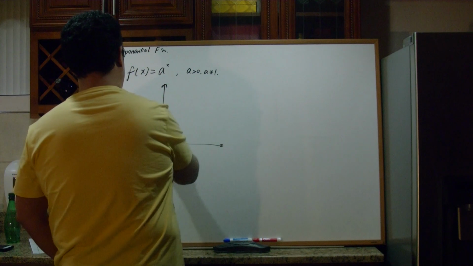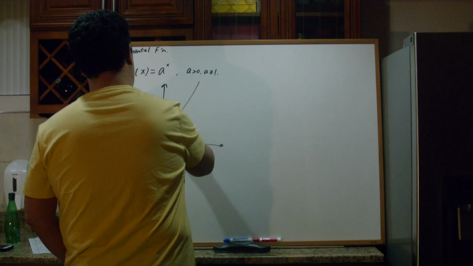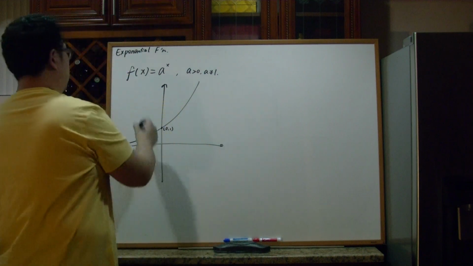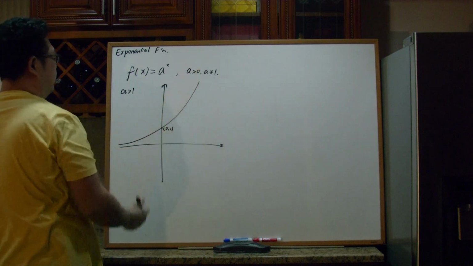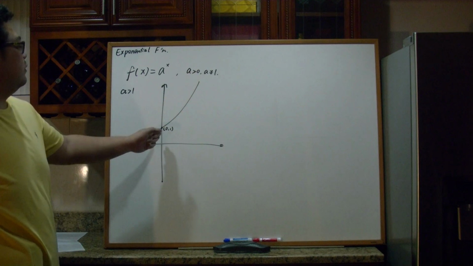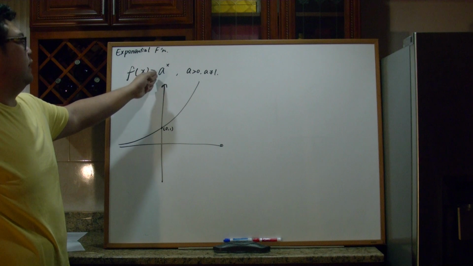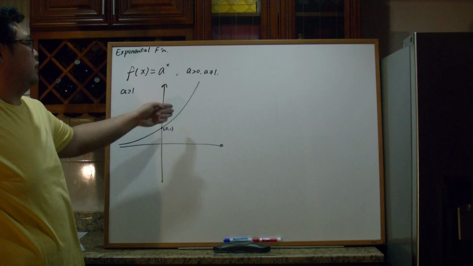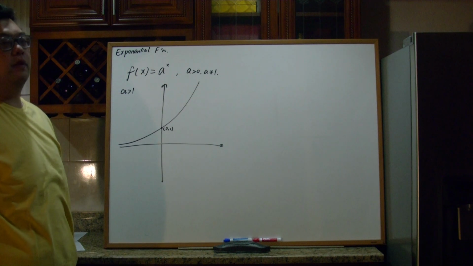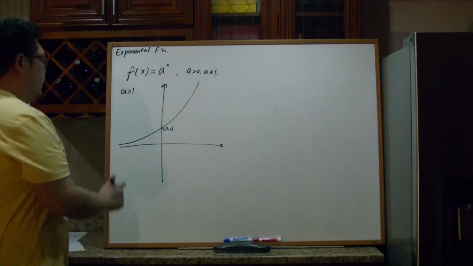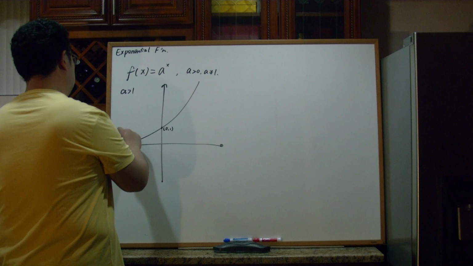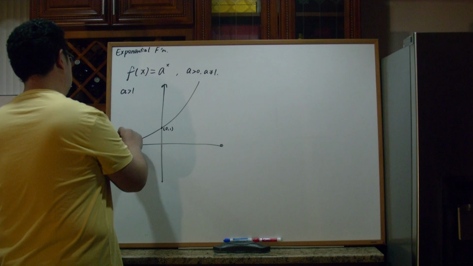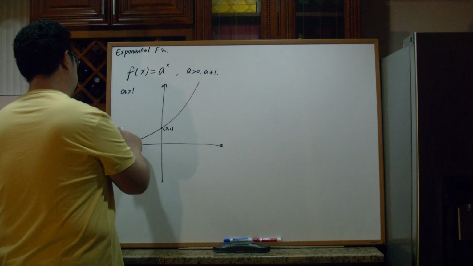Right, to sketch the graph, when a is bigger than 1, that is the case that we'll get an increasing function. It will pass through the point 0, 1, since anything raised to the 0 is 1, if that is positive, not 1. And it will have a horizontal asymptote at y equals 0.